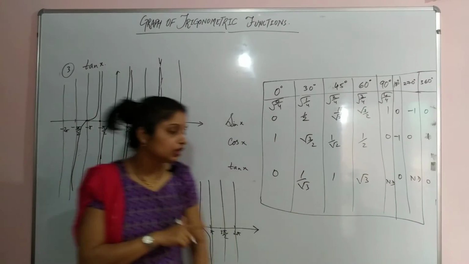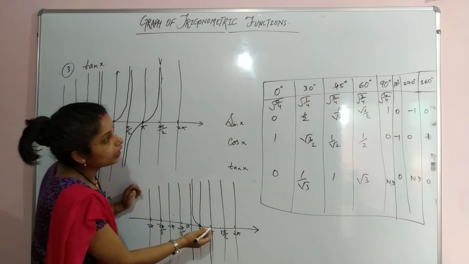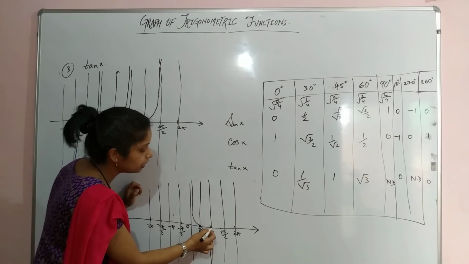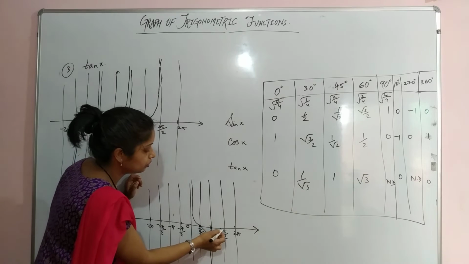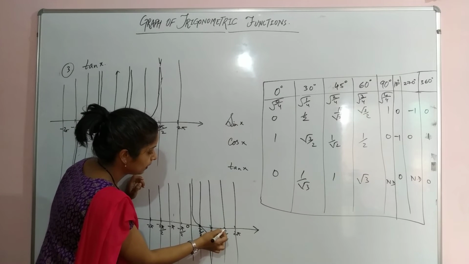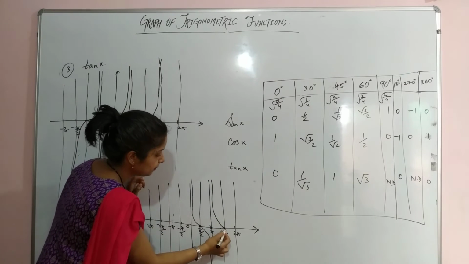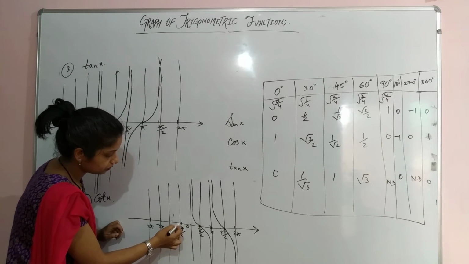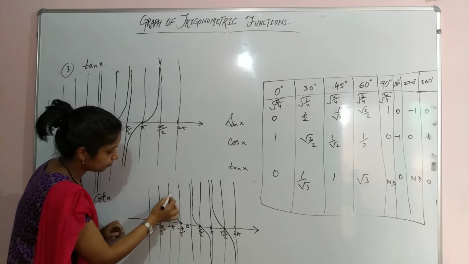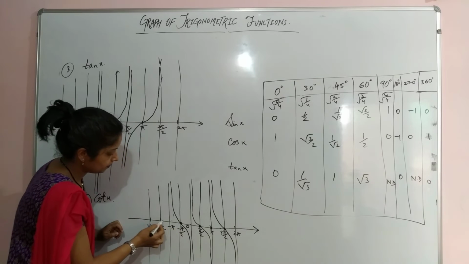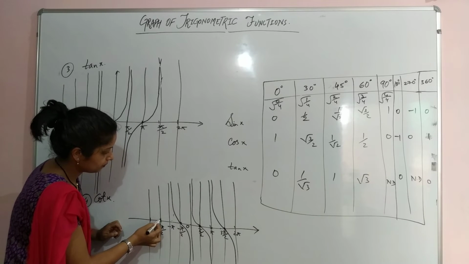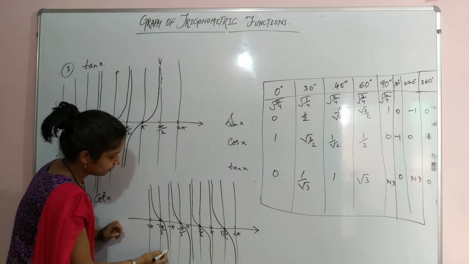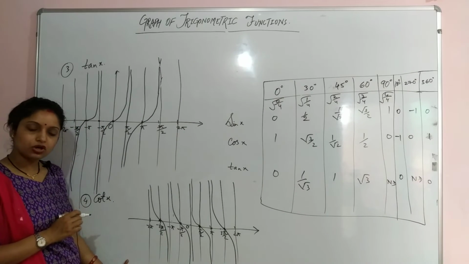Reciprocal will be infinity. So at 180 this is infinity. At 3 pi by 2 this is 0. So in this way. Clear? So this is the graph for cot x.